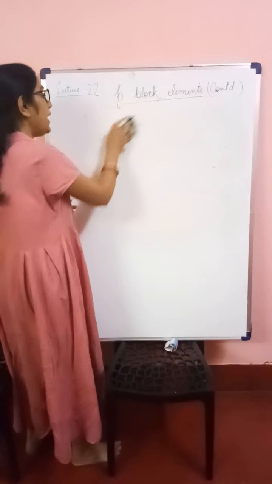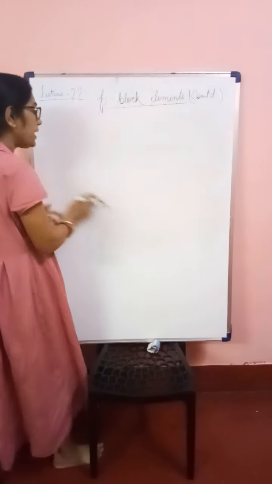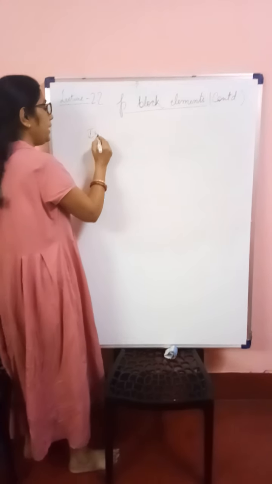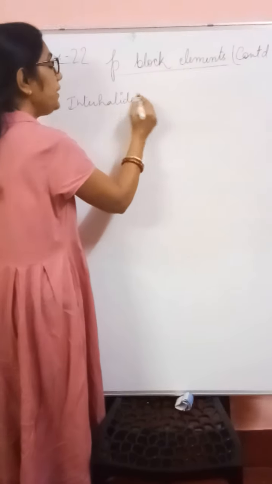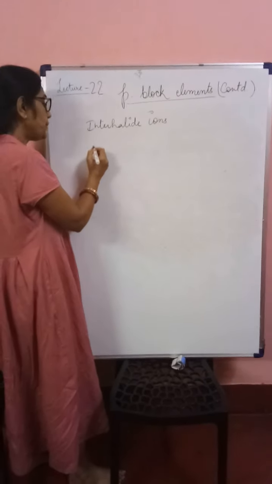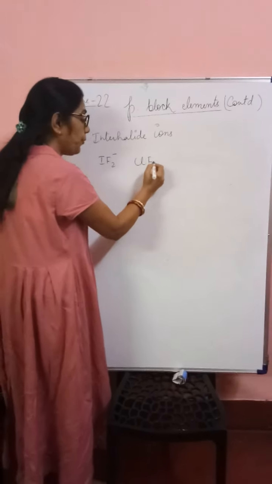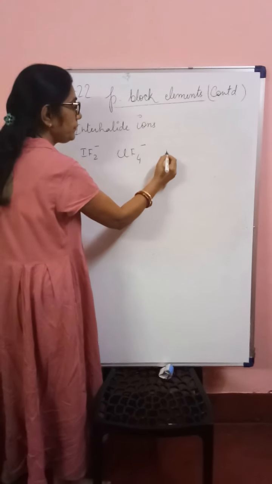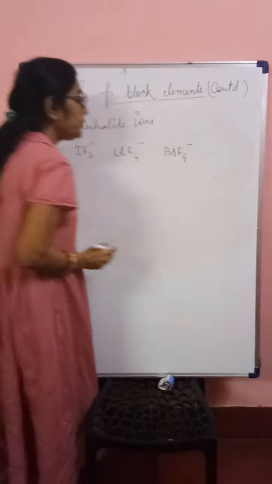The halide ions of interhalogens are known as interhalide ions. Have a look here, suppose IF2-, ClF4-, BrF4-, and so on.